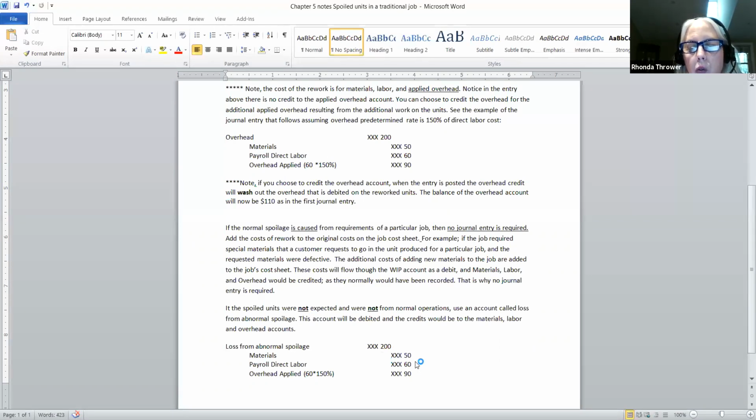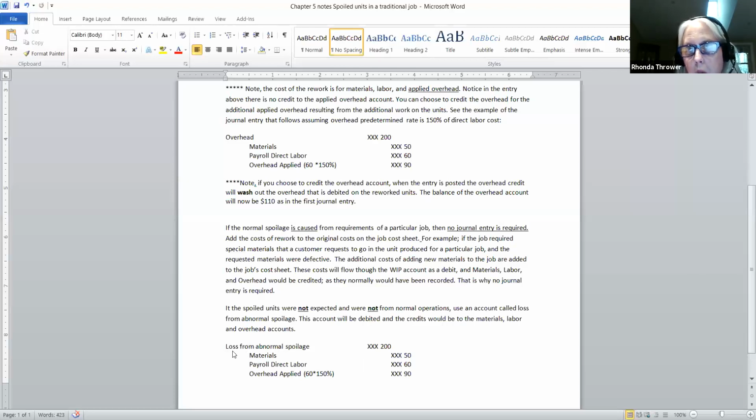Our materials would be credited for $50, the extra materials that it took. Our labor would be credited for the $60 in labor, and our applied factory overhead of $90. All of these accounts are credited, but the loss would be debited.